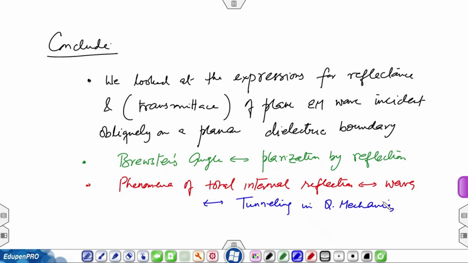So, if you really master these, oblique incident waves, and how they reflect and how they transmit, these are all good skills that you will develop, that you can then take over to quantum mechanics also.